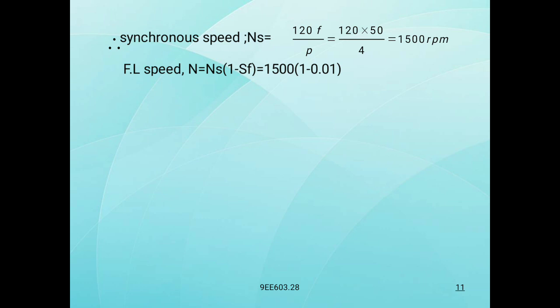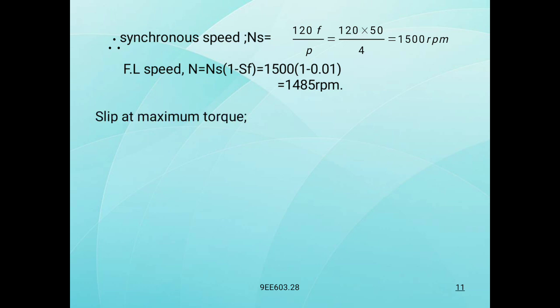Full load speed N is equal to Ns into 1 minus SF. Ns is 1500, and within the bracket 1 minus 0.01, that is 1485 rpm.